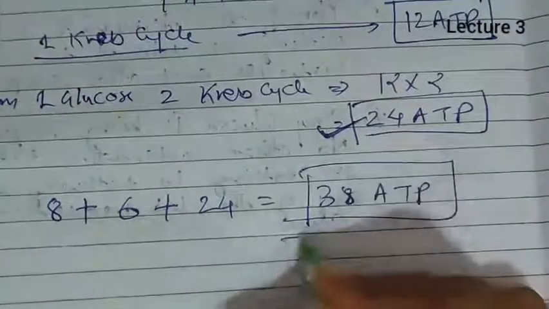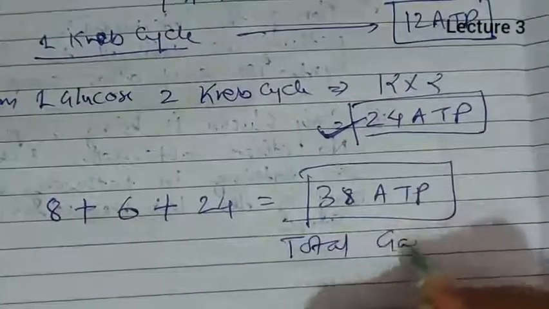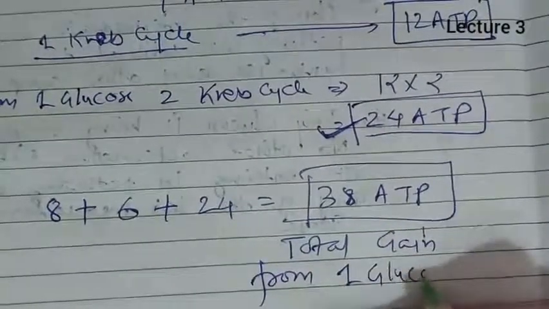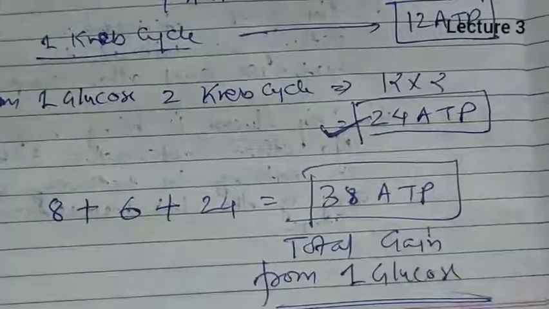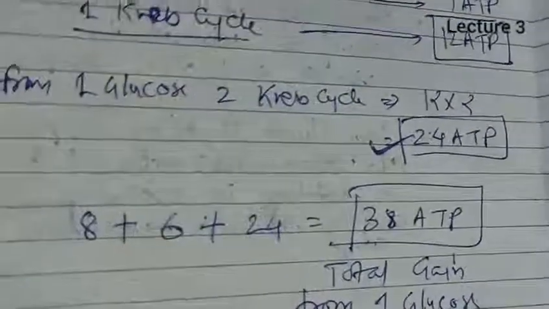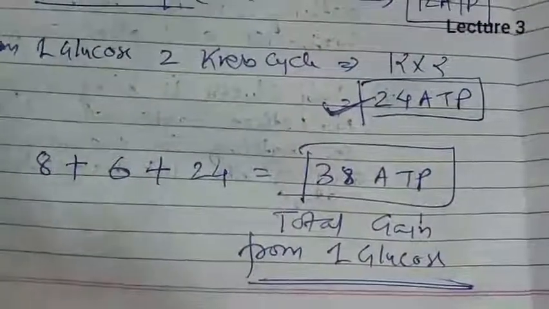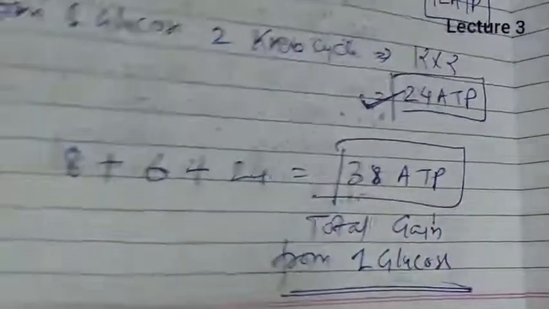So 38 ATP is the total gain from 1 glucose. Okay, so this is the calculation or total yield of ATP, that is 38 ATP from 1 glucose molecule, and that is the respiratory balance sheet.